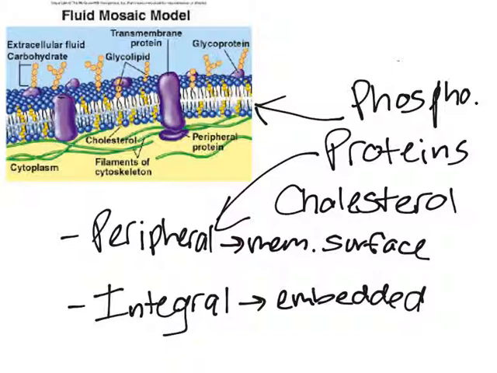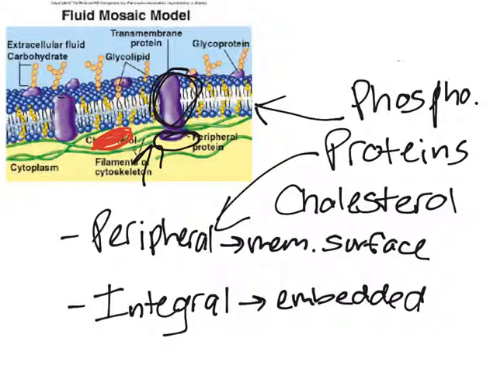So essentially imagine this is the membrane up here. This thing right here is an integral protein, which means it's embedded in the membrane. A peripheral protein could be right over there. Essentially, it doesn't go all the way through the membrane.